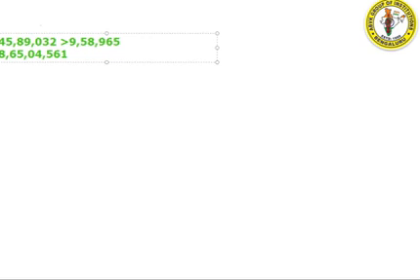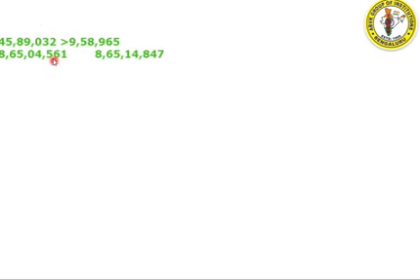Next number: 8 crore 65 lakh 14,874. So this is our example. Now here you can see 1, 2, 3, 4, 5, 6, 7, 8. So this is an 8-digit number. And here also 1, 2, 3, 4, 5, 6, 7, 8. This is also an 8-digit number.